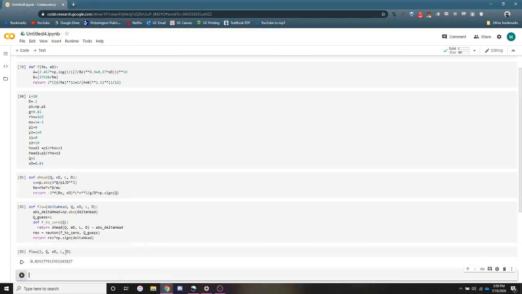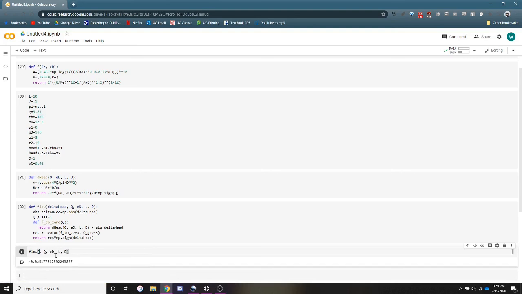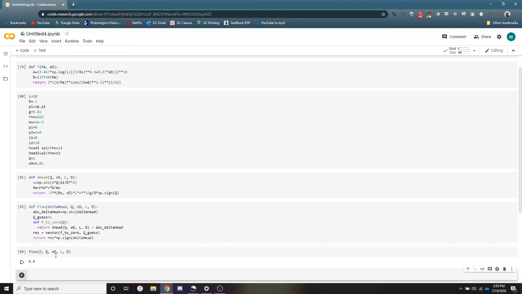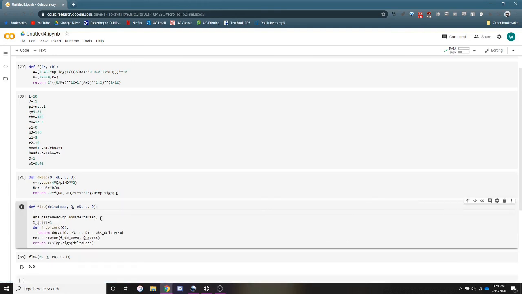And the last thing, and another thing I want to change, is if the flow rate is 0, it works some of the time, but not all of the time. So I want to code it in so when we save on runtime, if the delta head is 0, it just spits out 0.